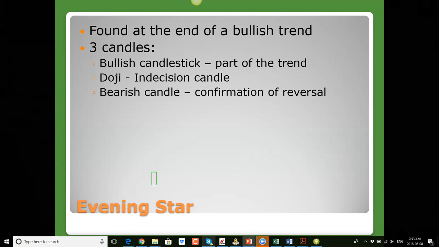So normally in an uptrend, we'll have some sort of bullish candles like this. So price will generally make a bullish candle. And then we get in the middle where we are expecting now, because price is in an uptrend, we are expecting another bullish candle. Instead of a bullish candle, we get this doji, this indecision candle. Dojis are indecision candles when they look like this.